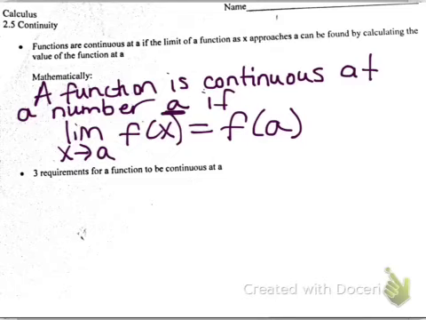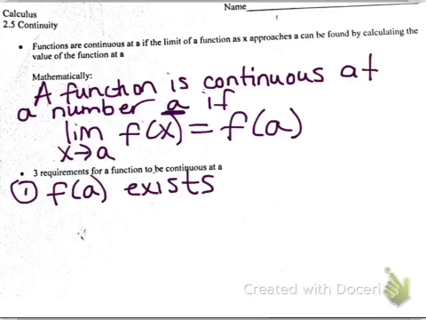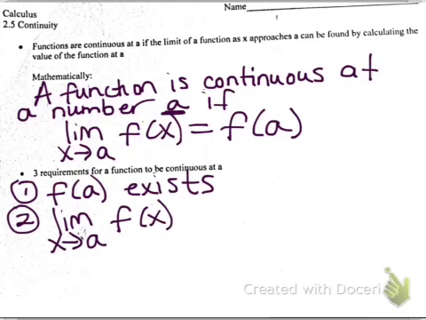Okay? So in order to do this, for every problem there's going to be 3 requirements. The first thing you're always going to find is f of a. So f of a exists, the function has to be defined at the number a. Second thing is the limit must exist. Now, in order for the limit of the function to exist, that really is implying what?